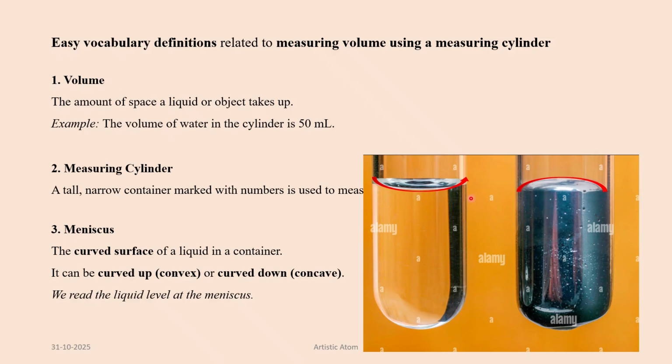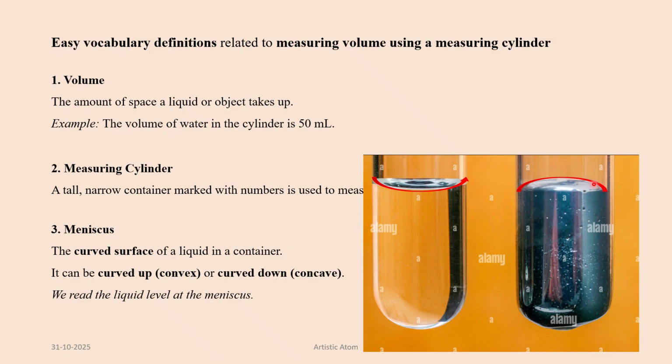Now, how do we decide whether to consider the concave or convex meniscus while measuring the volume? It depends upon the liquid that you are measuring. If your liquid is clear, you are going to use the concave meniscus. If your liquid is opaque or colored, you are going to use the convex meniscus.